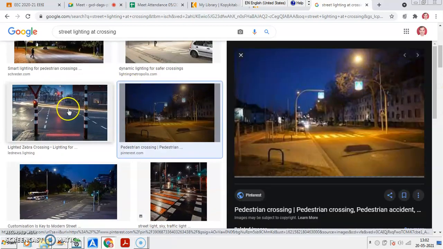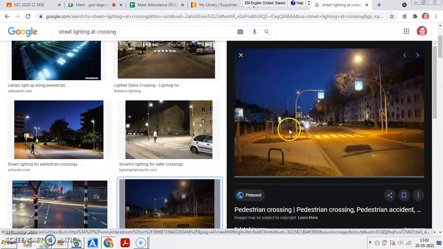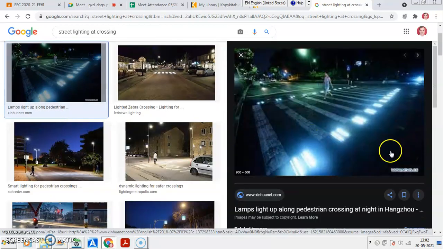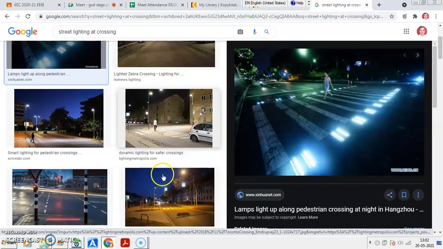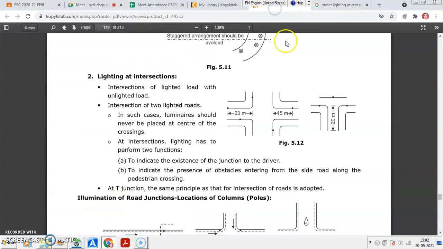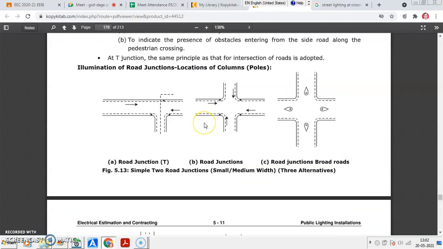This is sodium vapor, the yellow lights. Normally we are having sodium vapor lamps. Like this. So try to understand the facts and figures, and accordingly you should go for the design.